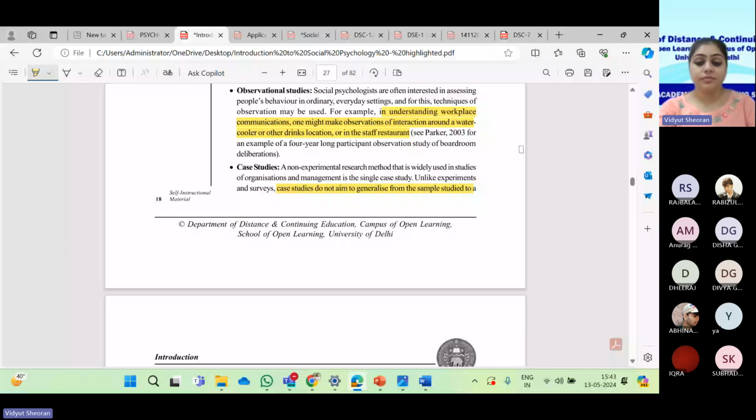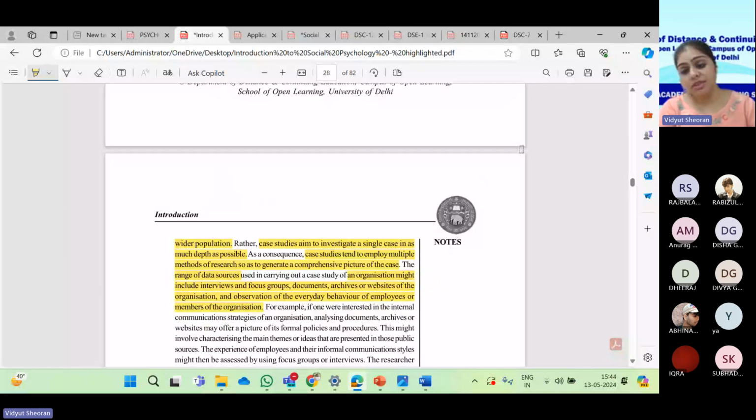They are rather too specific, and they are very much in depth. They take a long time, maybe few months, few years also, to collect the data and understand the case. So case studies aim to investigate a single case in as much in-depth way as possible.